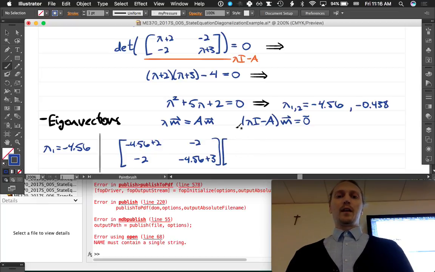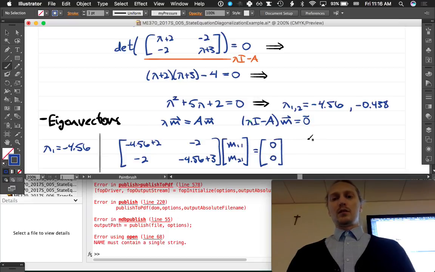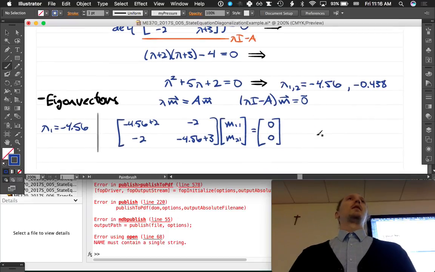So this is going to be m1 corresponding to lambda 1. So we'll call it m11 and m21, the two values. That has to be equal to the 0 vector, which is represented that way.